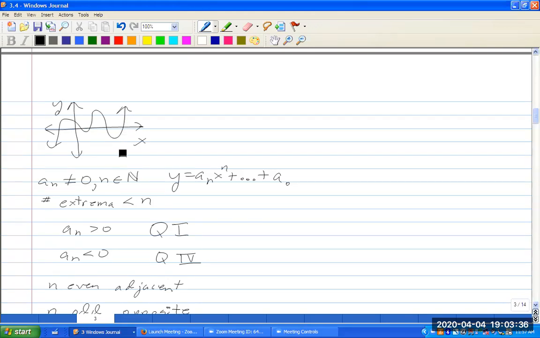If the leading order coefficient of the polynomial is negative, it goes down into the fourth quadrant. If the degree is even, they go into adjacent quadrants. And if it's odd, they go into opposite quadrants, the tails I'm talking about.